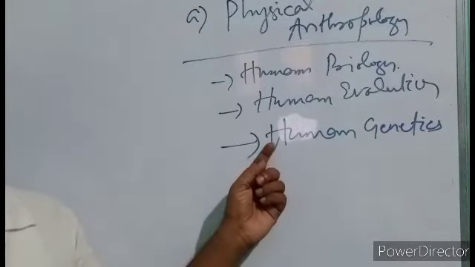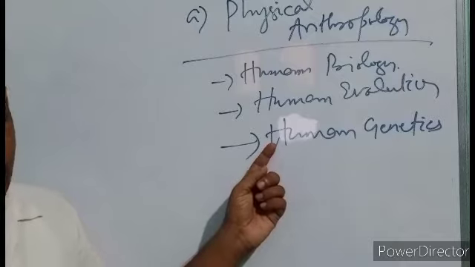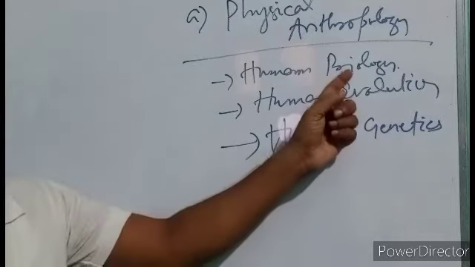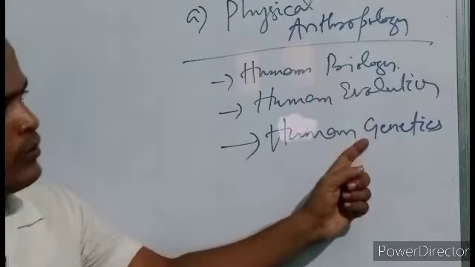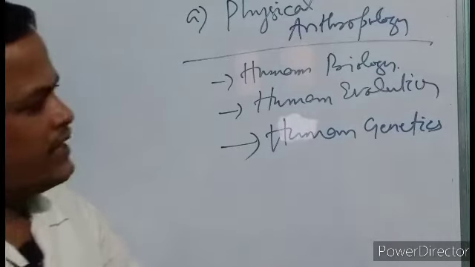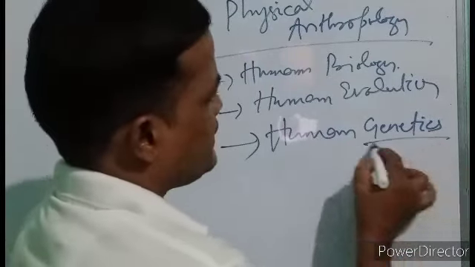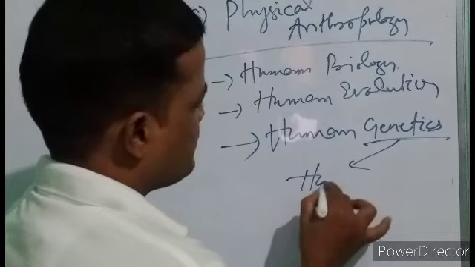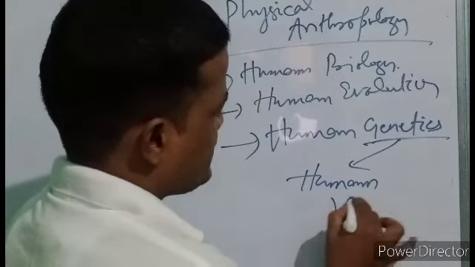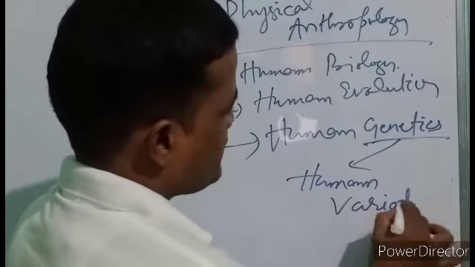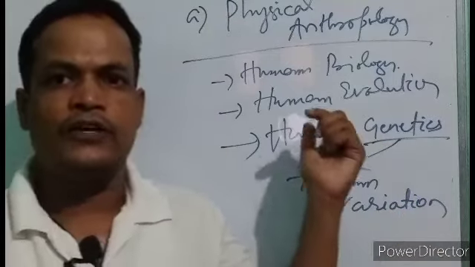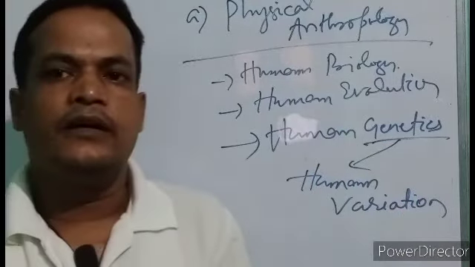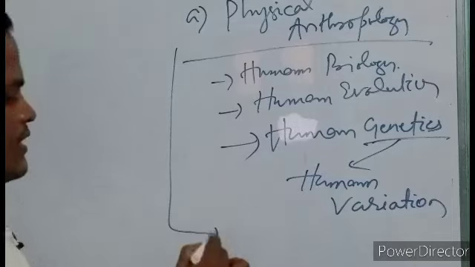Under genetics, it studies human variation. So these are the sub-branches, or aspects, of physical anthropology, otherwise called biological anthropology.